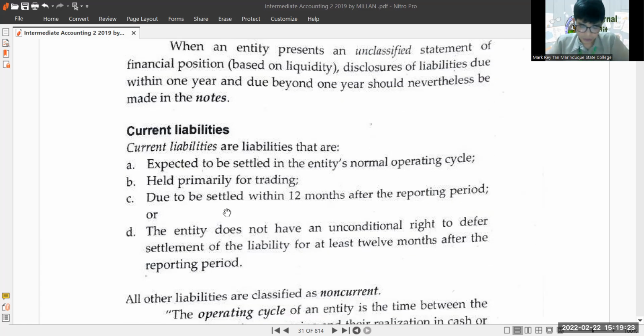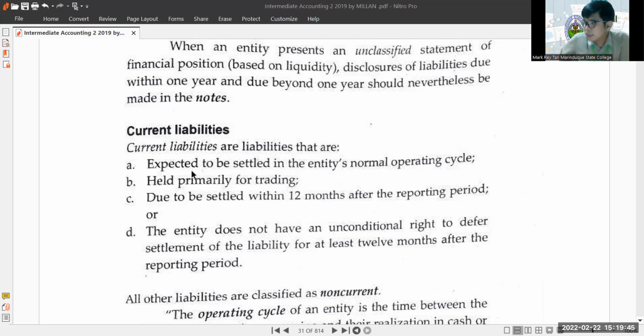We have here four criteria. Liabilities are current if, first, they are expected to be settled in the entity's normal operating cycle.